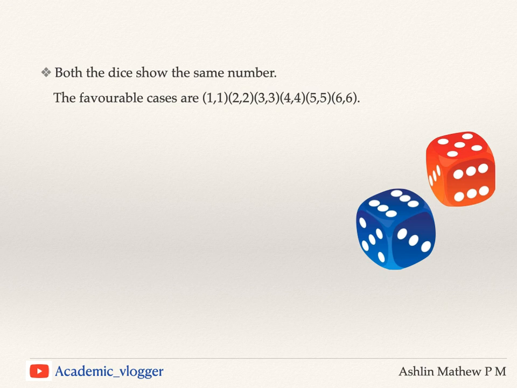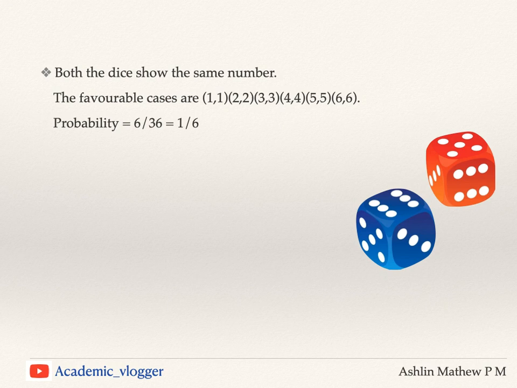So the number of favorable cases is 6. The total number of cases is the number of cases in the sample space, which is 36. Therefore, the probability is 6 by 36, which is equal to 1 by 6.